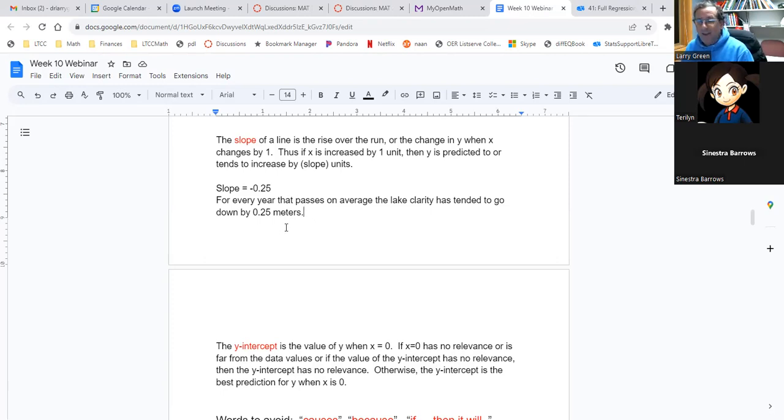If x equals 0 has no meaning, then the y-intercept has no meaning. Also, sometimes the y value of the y-intercept has no relevance. But sometimes it does have meaning. If it does, then the y-intercept is the best prediction for y when x equals 0.